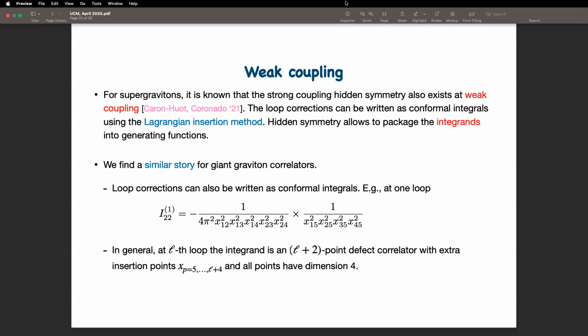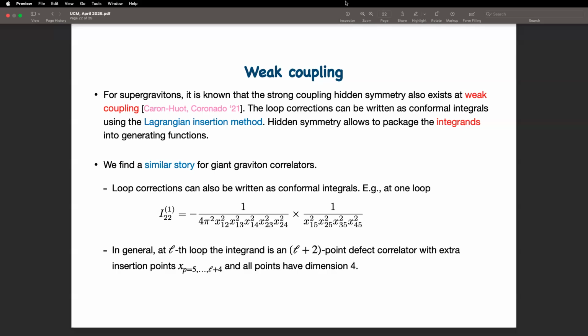And what we are finding in giant graviton correlators is also similar. Okay. So for these giant graviton two-point functions, you can also use Lagrangian insertion to compute their loop corrections. For example, at one loop, the integrand takes the following form.